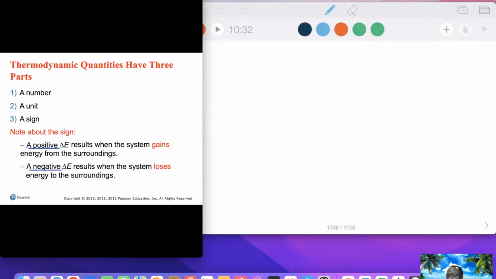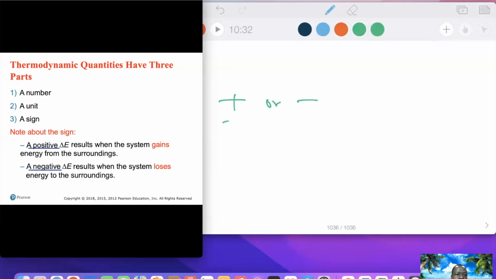Let's see 3 things we need to understand as far as thermodynamic quantities are concerned. There are 3 parts: a number, a unit, and a sign associated with it. For example, the unit I gave you earlier on, joules. And a sign, it could be either positive or negative.